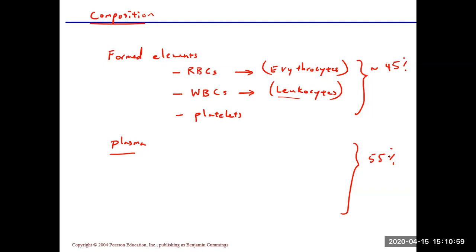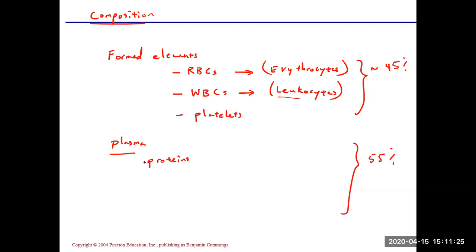So what is inside of the plasma? The plasma consists of mostly water. But plasma also contains protein. You might have heard about albumin, globulin, clotting proteins.